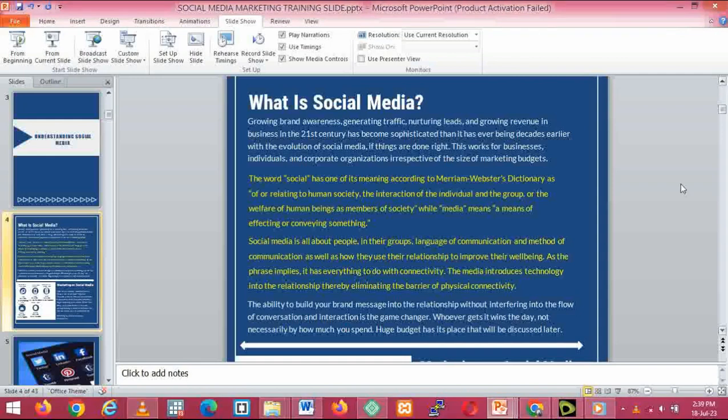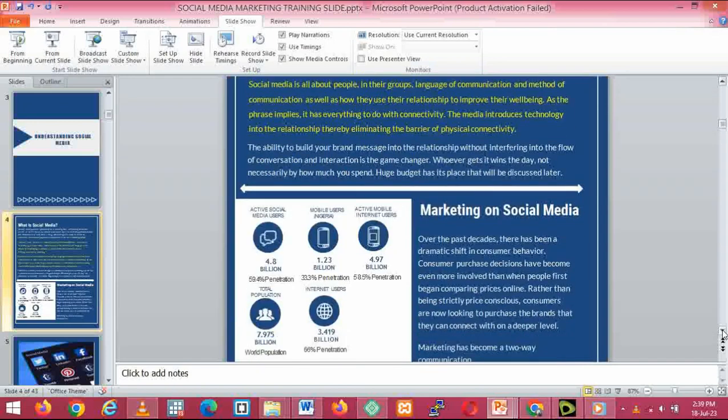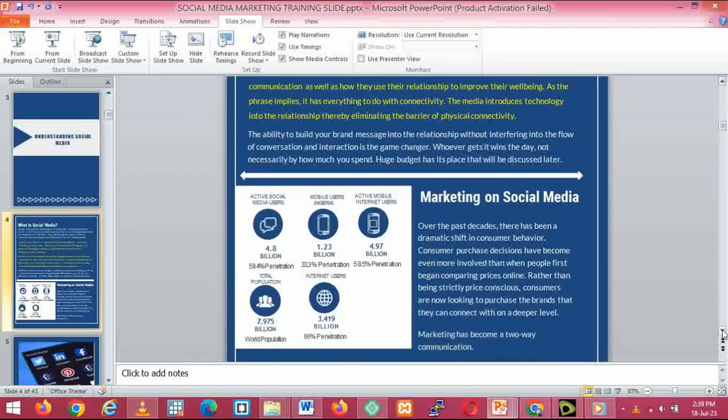But here is an important thing. Look at the statistics before us here. These were published in 2022, and the data have it that active social media users around the world now hits 4.8 billion, which is 59.4% penetration.